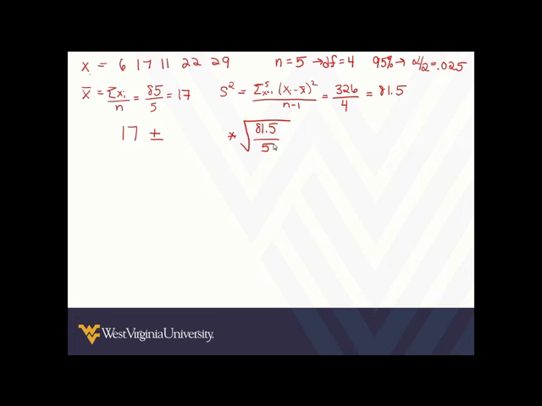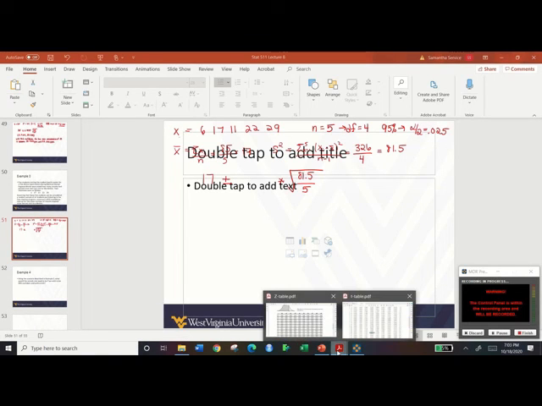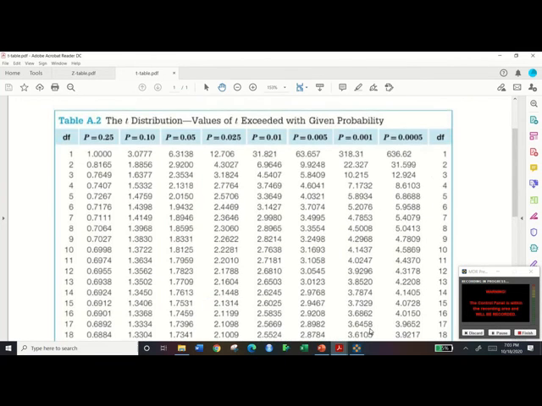So we have that our degrees of freedom is equal to 4, and then our alpha over 2 is 0.025. Okay, so 0.025, degrees of freedom 4, so this would mean our critical value is 2.7764.